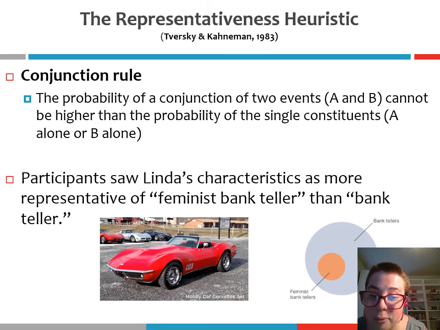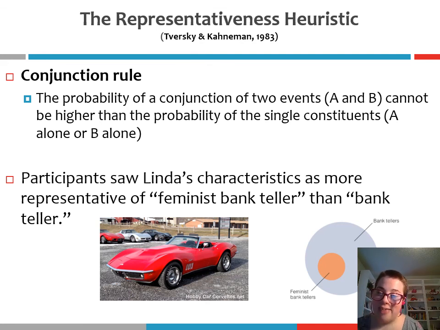So again, the probability of getting a Corvette is much higher than the probability of getting a Corvette that's red, right? And similarly, there are many more bank tellers in the population than feminist bank tellers, right?